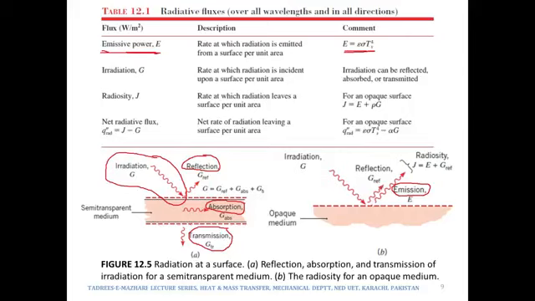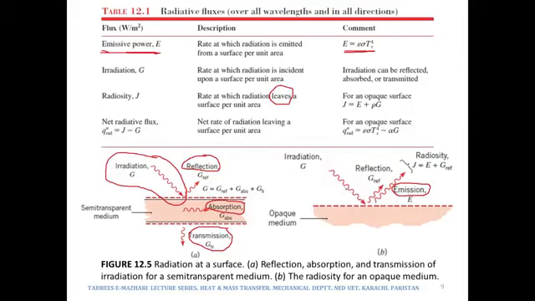Now if we talk about the radiation which is leaving a surface, the radiation is leaving the surface due to two attributes. One is the radiation emitted, which is due to the temperature of the body, and the other is the radiation which is being reflected, and that is due to the incident radiation.